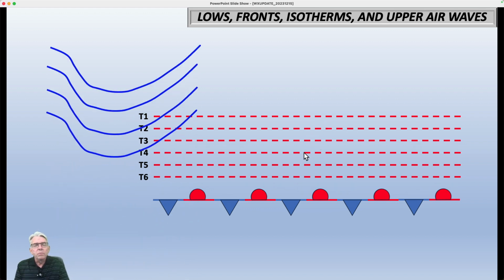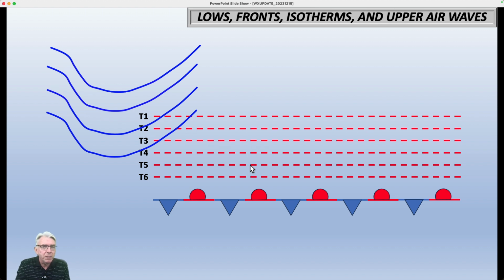Okay, so now let's imagine in the upper atmosphere, we've got a little wave here, okay? And remember when we talked about vorticity, that vorticity was the amount of spin, and that the more curvature there was in the flow, the more vorticity there was. And if you were advecting or moving higher levels of vorticity toward you in the flow, then that would induce upward motion, okay? So here we have this wave with enough curvature to notice here.